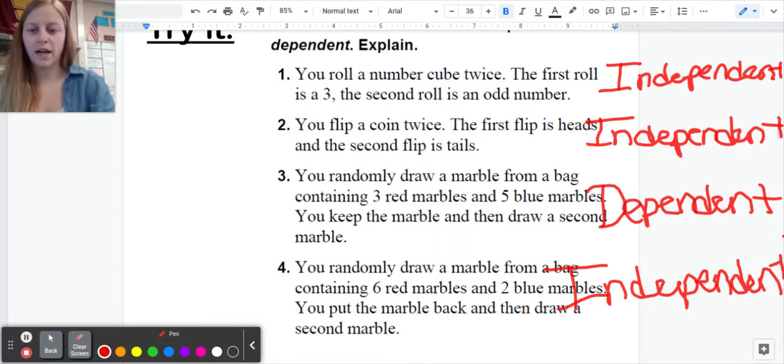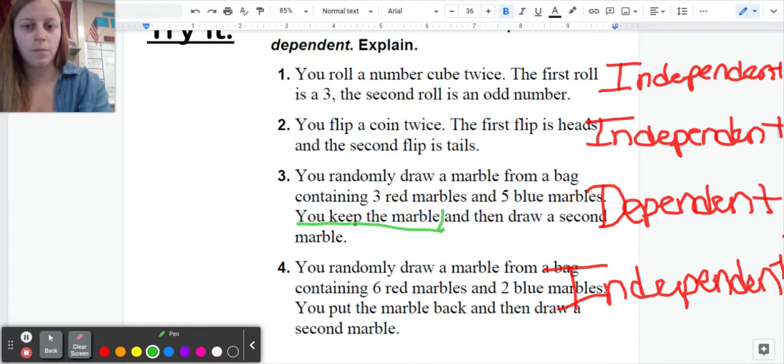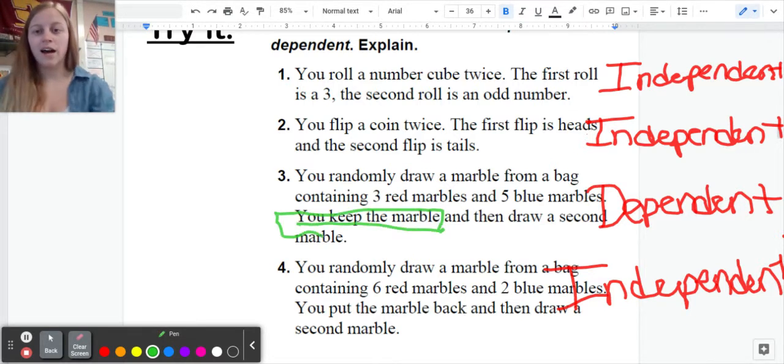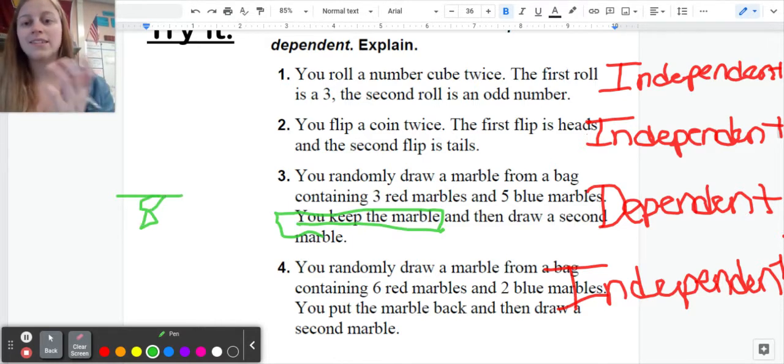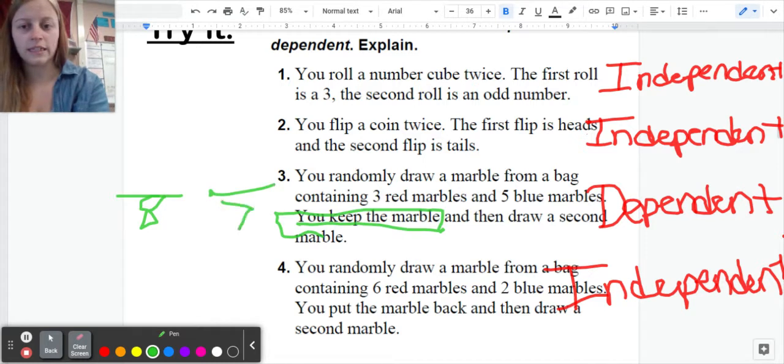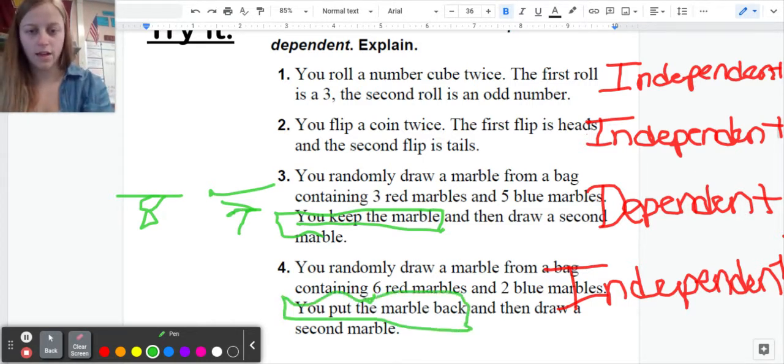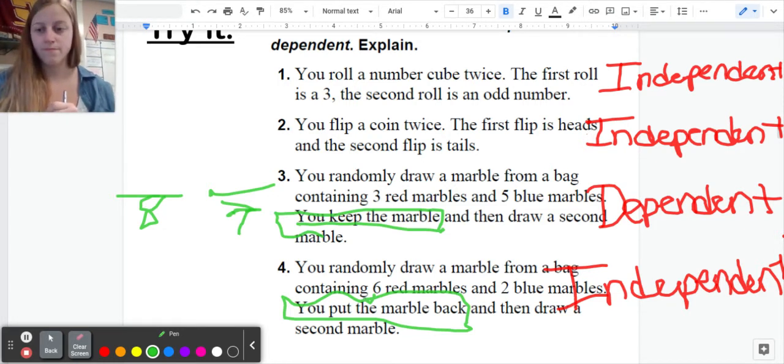Number 3 is dependent, because it says you keep the marble, which means on the first draw, you had 8 marbles, but on the second draw, you only had 7 marbles. Number 4 says you put the marble back, which means both times you have 8 marbles to pick from. You didn't change the amount of marbles in the bag because you put it back before you drew again.